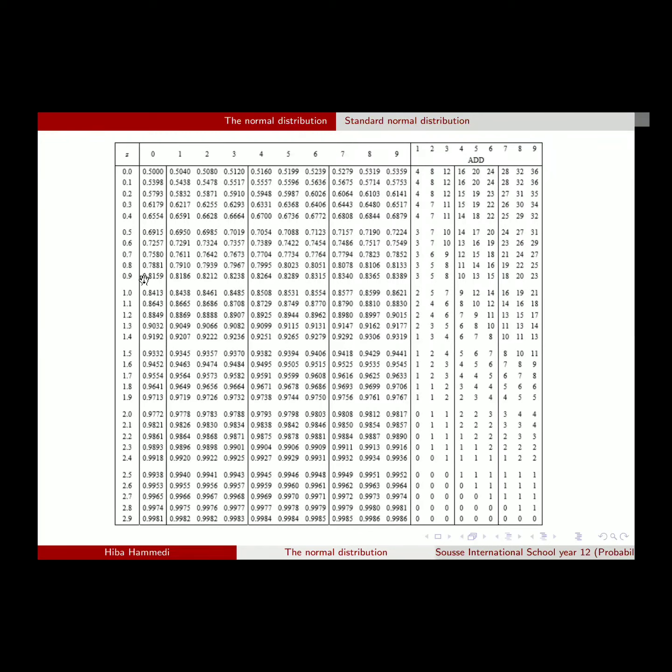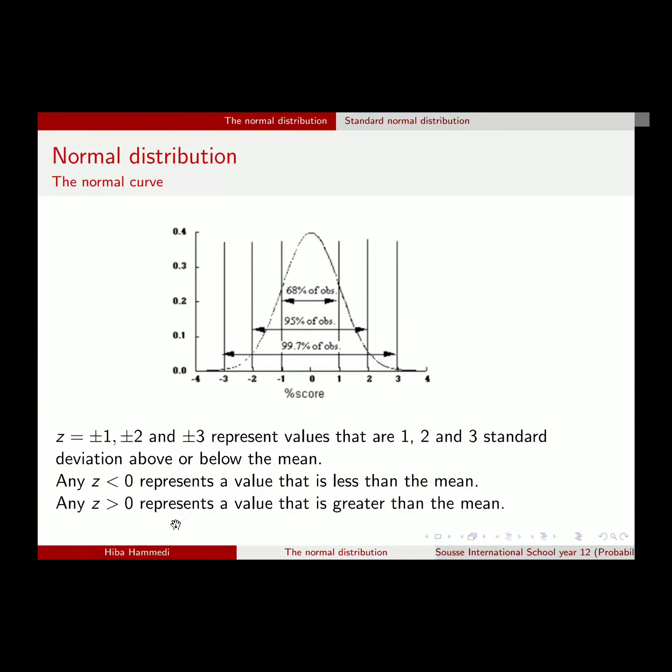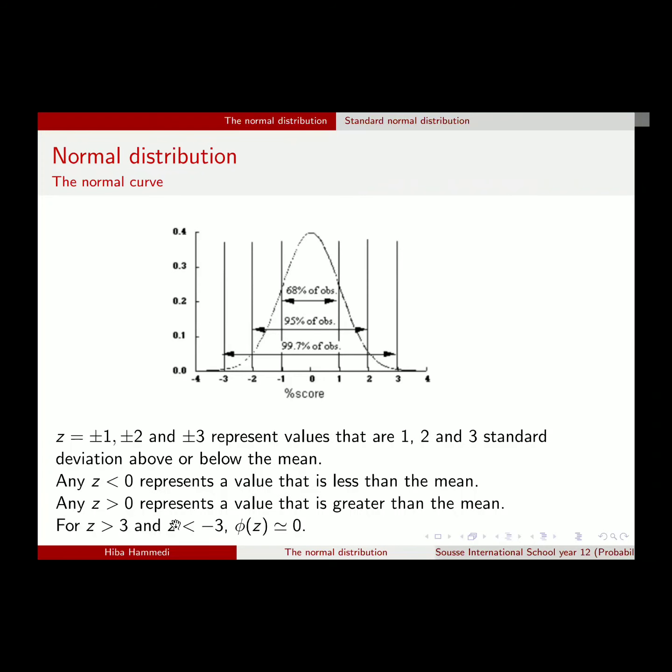As you can see here, you have a lot of values, and the values of z vary from 0 to 2.9. So why do we have values only between 0 and 2.9? As I told you in the remark, values that are more than 3 or less than -3 are not likely to happen. So this is why we are focusing on that range of values.